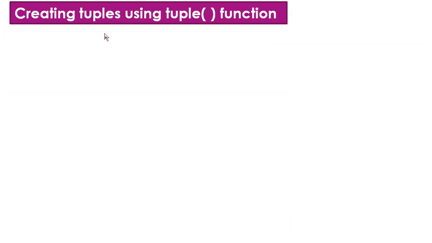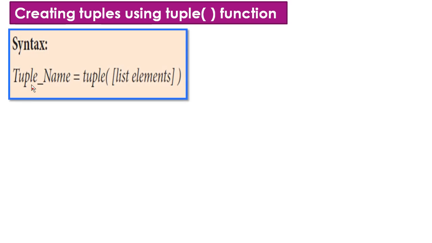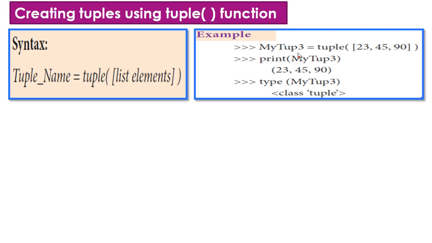Next title, creating tuples using the tuple function. By using the tuple function also we can create tuples. The syntax is the name of the tuple, that is the variable name, equal to tuple of list of elements. Here is an example, myTup3 equal to tuple, where tuple is the function that has the list of values 23, 45, 90.